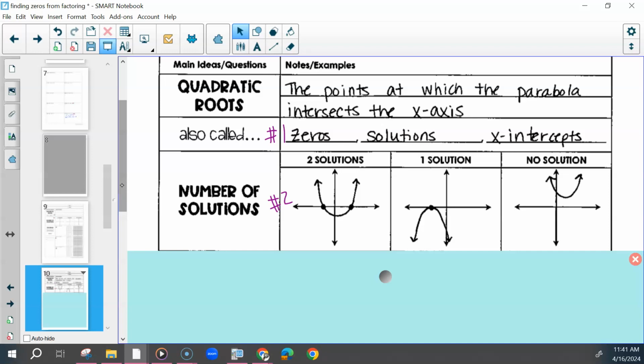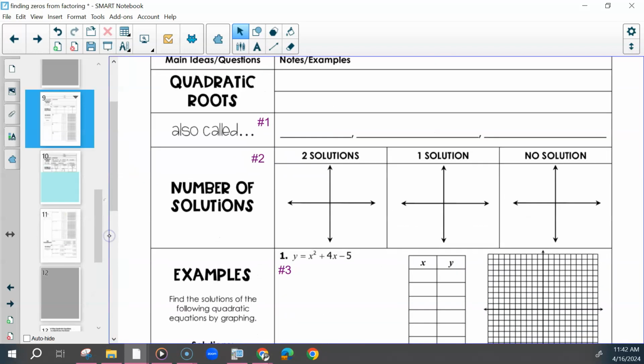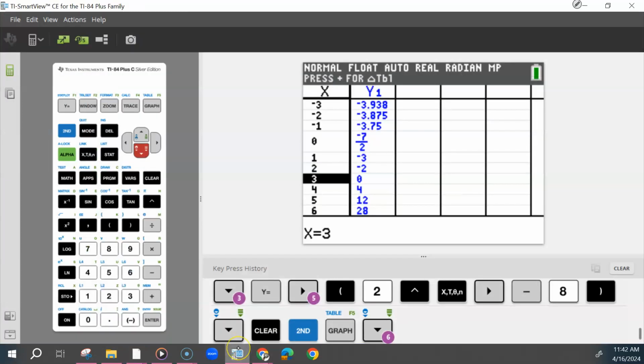And then we're going to do a couple of these. Anyone still need this? So for example 1, we're going to put that into our calculator.